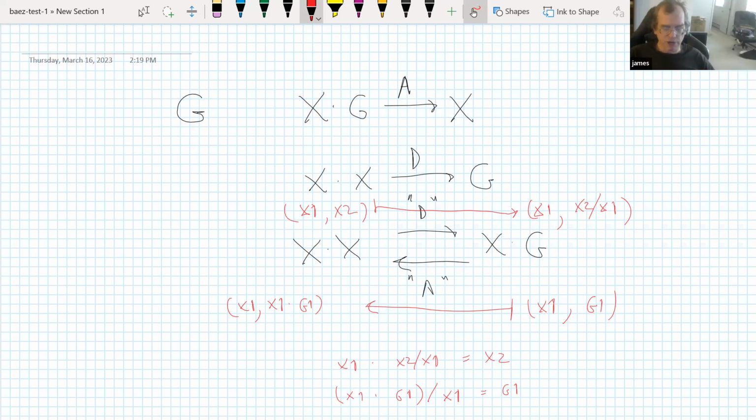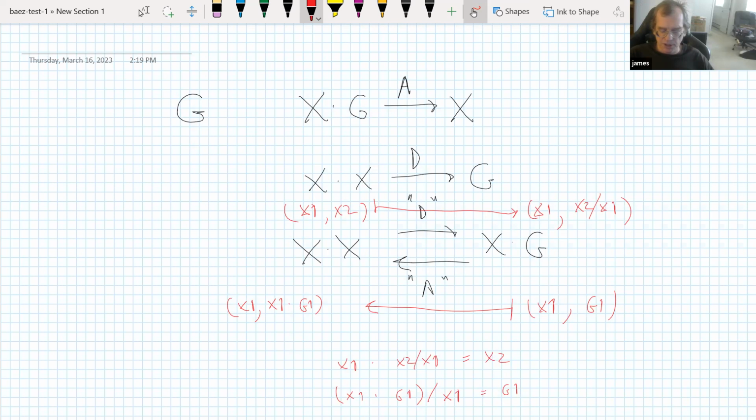The only way I can think of at the moment to repair this little glitch is to rely on the doctrine being somewhat richer. I want to give the displacement or distance map D some kind of structure.